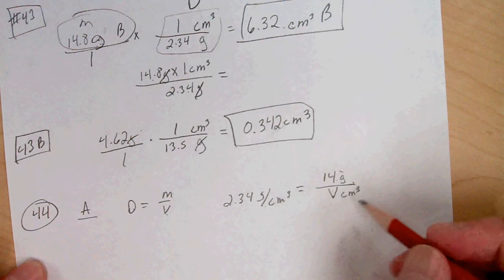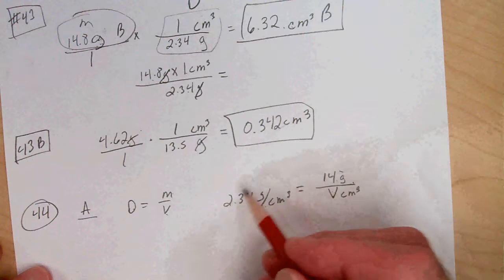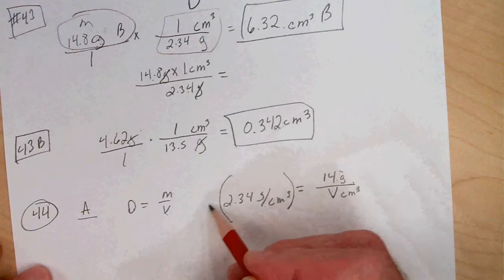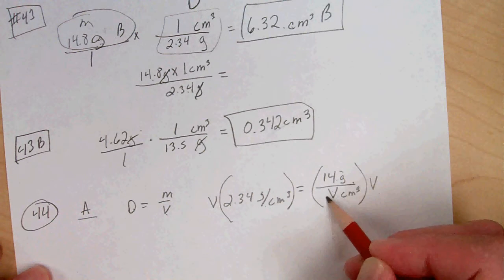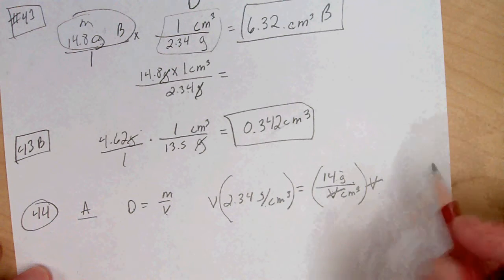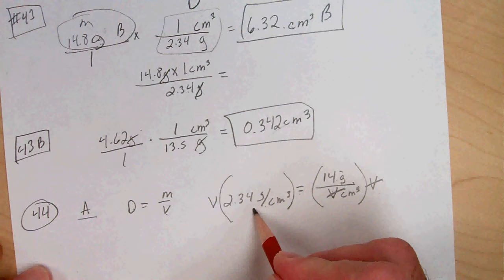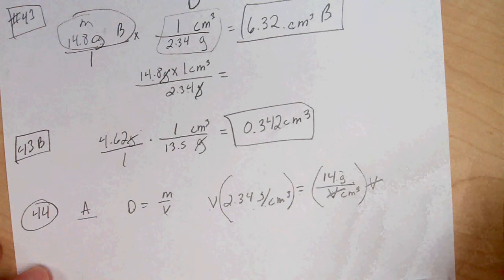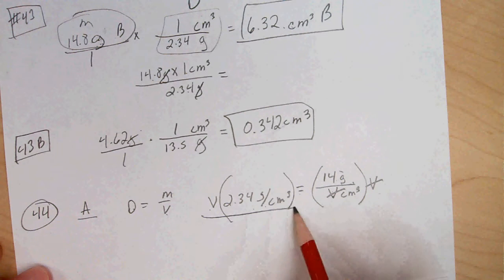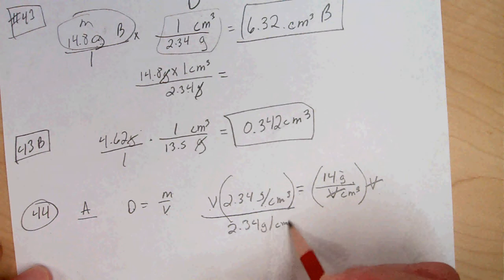Now to solve for V is a multi-step problem. I have to multiply both sides times V. So I'll put this over here, V times V. Now V cancels V on this side, and I'm left with 14 grams equals 2.34 grams per cubic centimeter times V. Well, to get V isolated, now I need to divide both sides by 2.34 grams per cubic centimeter.